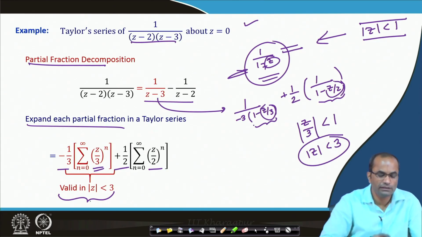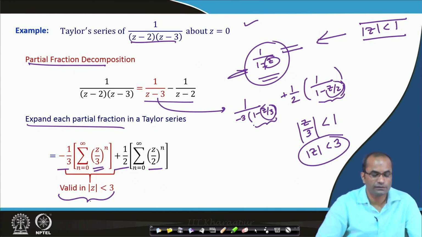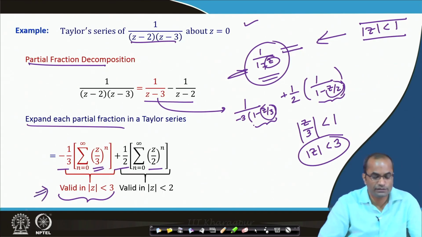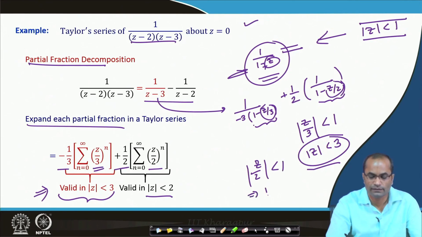This will be the region for the first series to get convergence, and for the second one, from z by 2 less than 1, we get that the absolute value of z is less than 2.